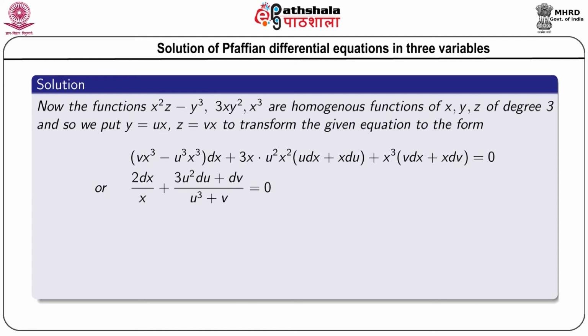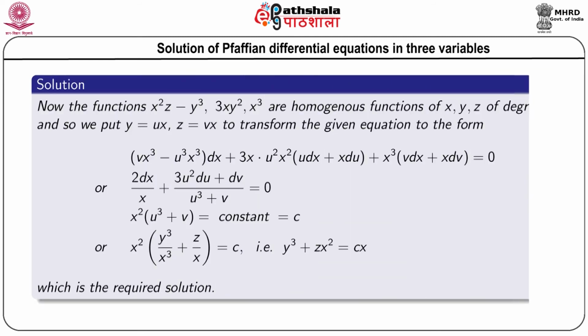In terms of x, u, v, the equation with this substitution becomes this. And you can see that in this equation the term dx is separable, and the function related to u and v is also integrable. After integrating, we get the integral y³ plus zx² equals cx.